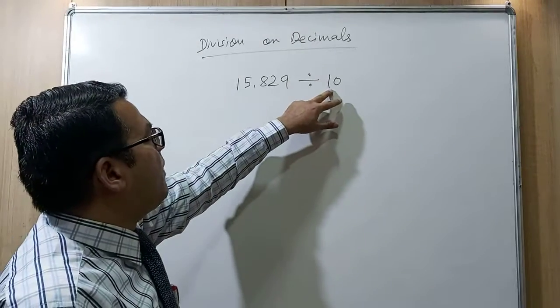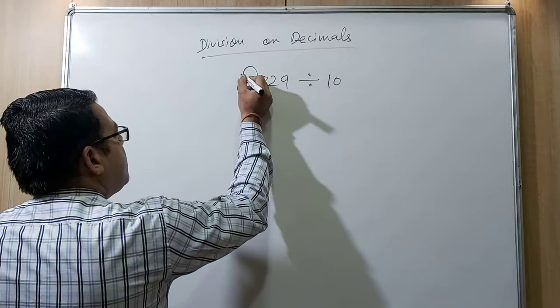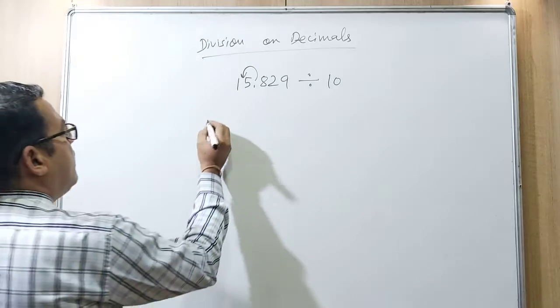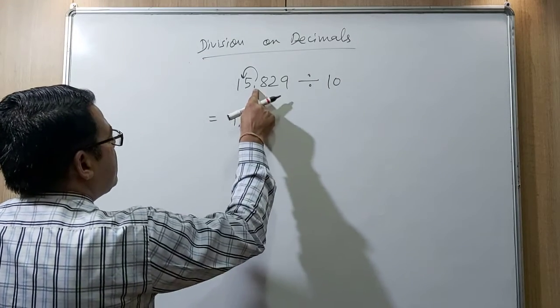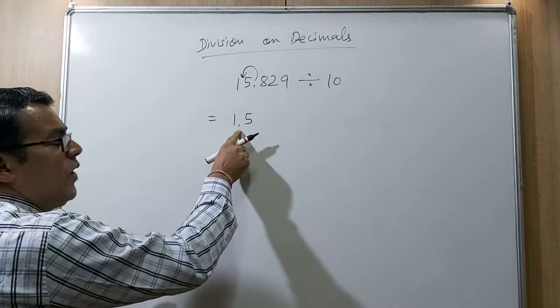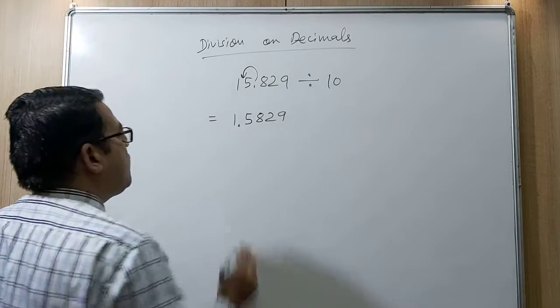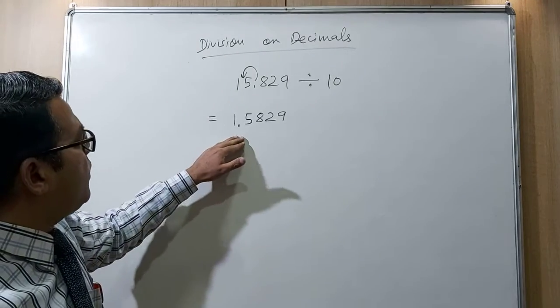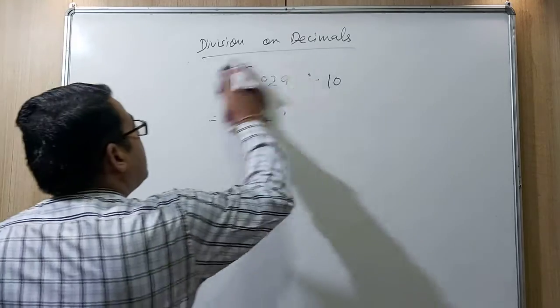Because after 1 we have only 1 zero. So we have to shift this one to the left side. After shifting this, the decimal point will come in between 1 and 5, and the rest of the digits we can write as it is. So what we have here? We have 1.5829, right?